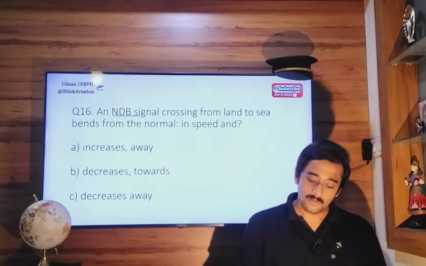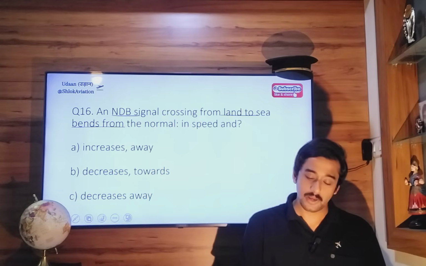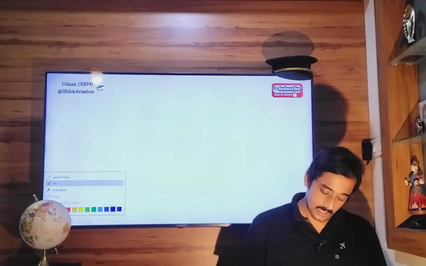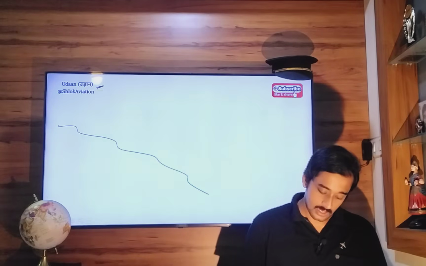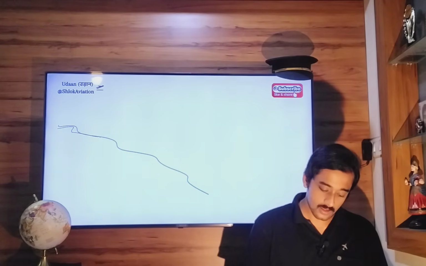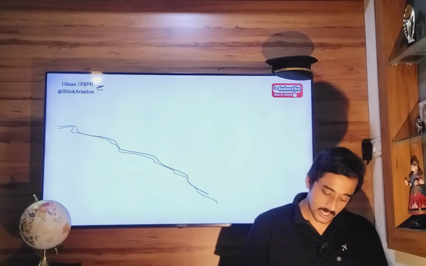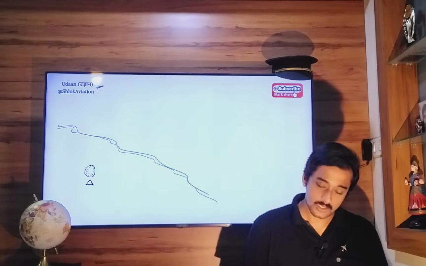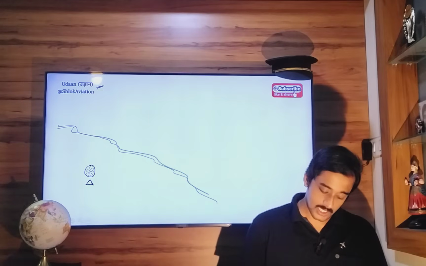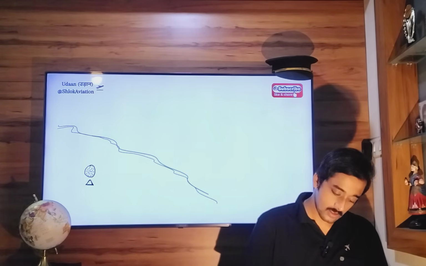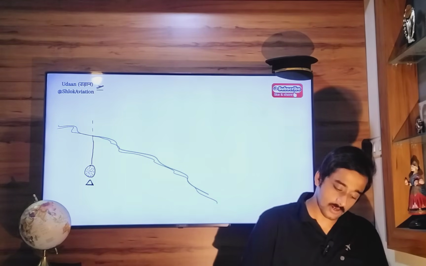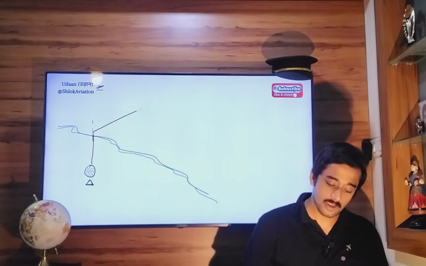An NDB signal crossing from land surface to sea surface bends away from the normal and its speed increases. So let's say this is your land surface, coastal area, and here is your NDB station. This station will transmit a radio signal, and when this radio signal crosses the coastline, it will bend away from the normal.